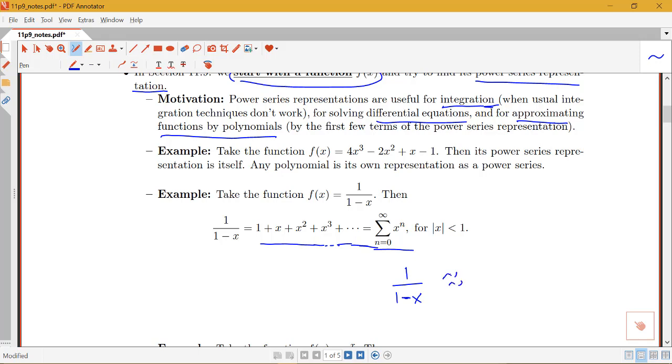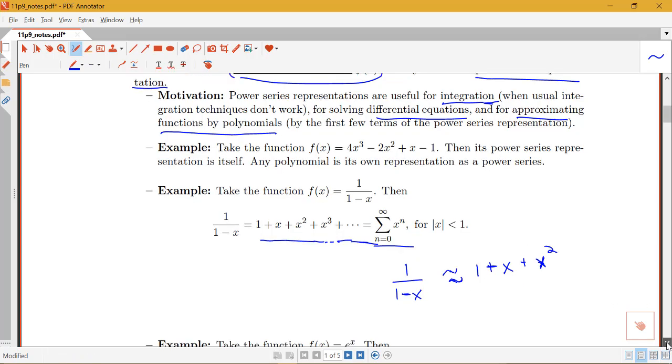For example, I could say that 1 over 1 minus x is approximately 1 plus x plus x squared. Okay, something like this, and of course the approximation gets better and better as I add more and more terms to that. So depending on what I wanted to do with 1 over 1 minus x, maybe this would be a good enough approximation.